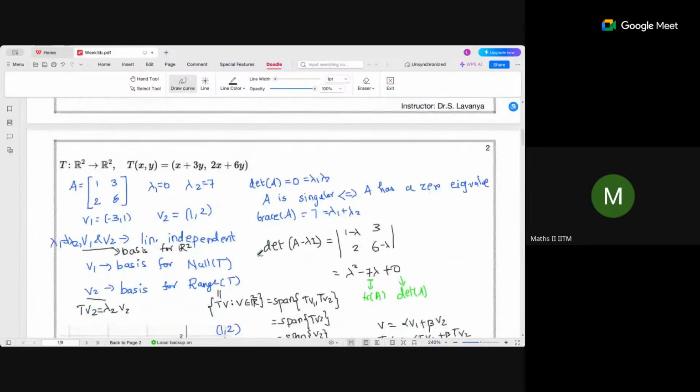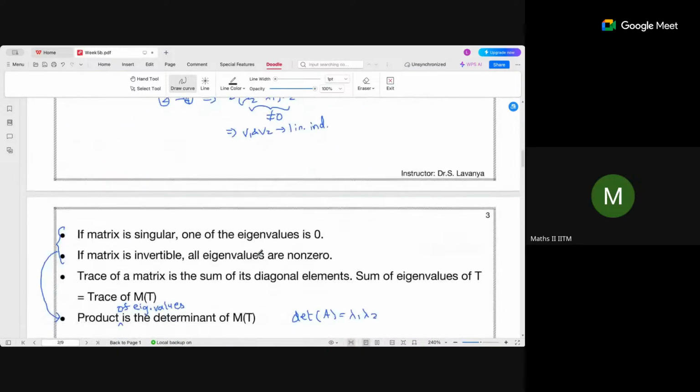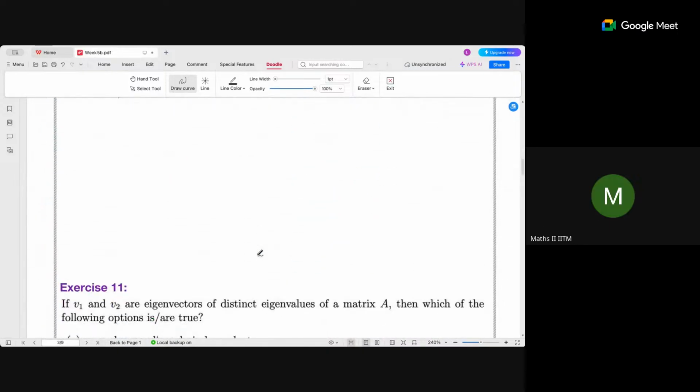As you move on, maybe in week 7 and 8, you can have 3 by 3 matrices and all. So in that case, let us say you have 3 eigenvalues for a 3 by 3 matrix: lambda 1, lambda 2, lambda 3.